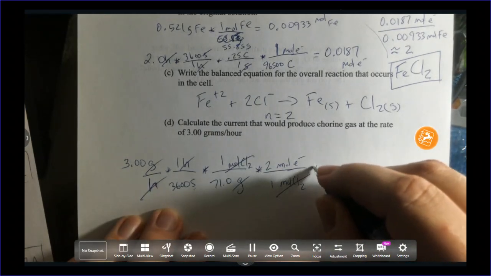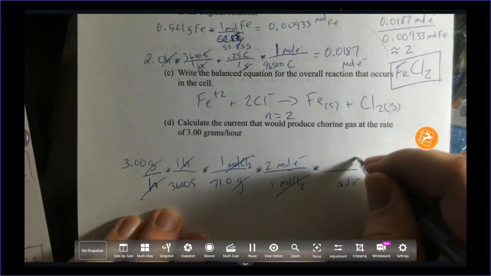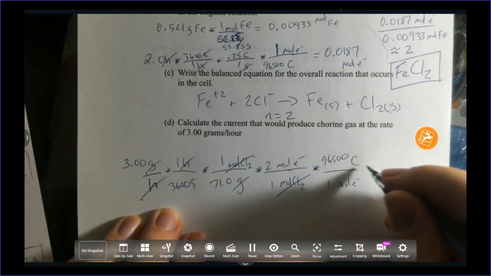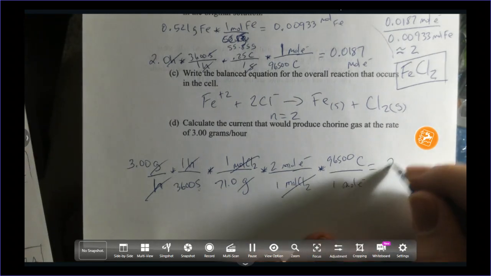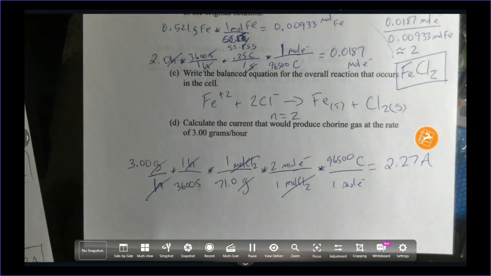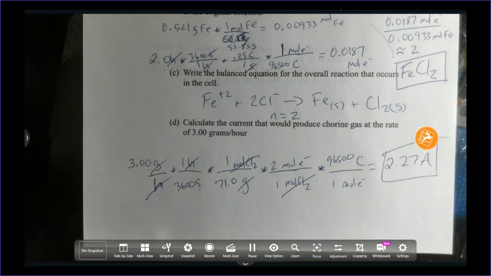And then finally, I can get rid of my moles and get into charge, and that's the Faraday's constant, 96,500 coulombs per mole. Run all this through the calculator, and we're going to get 2.27 amps for coulombs per second. Very straightforward stuff. It's just a gigantic unit conversion.